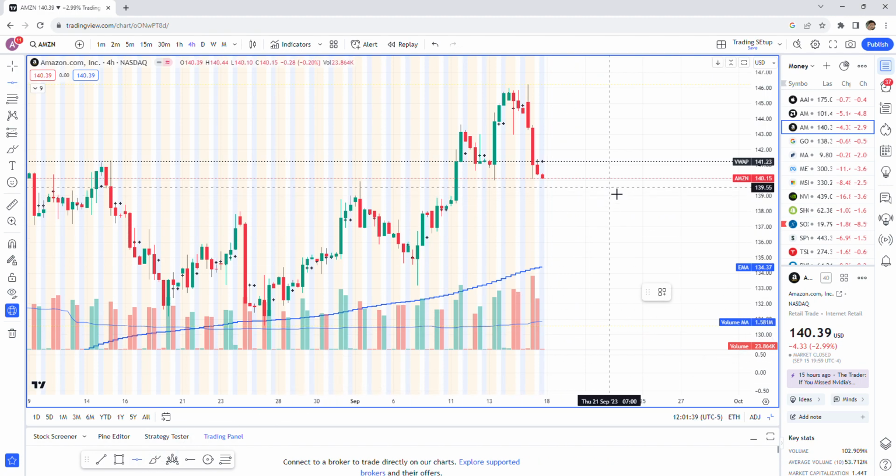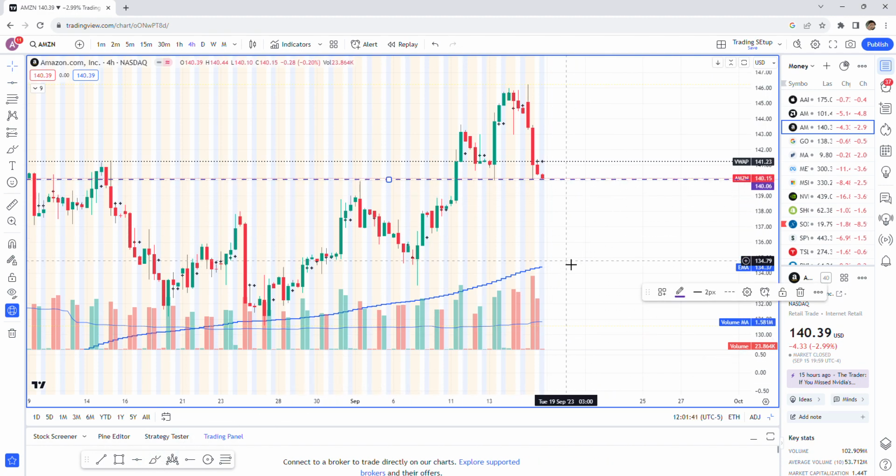So in this case, we got a support zone right here. Also, notice this was resistance before. If y'all are noticing, a lot of these support zones were once resistance. A lot of these resistance zones turned into support, and vice versa. Here is a very, very key level, Amazon. This is the 140 level. This is a level that traders have been watching very heavily.